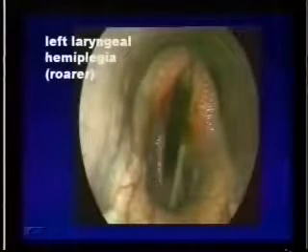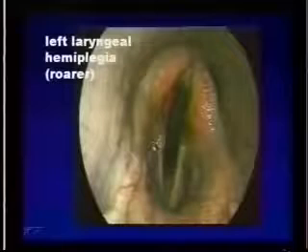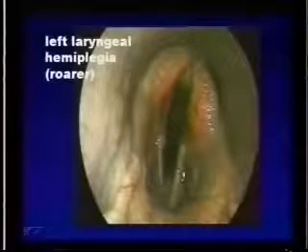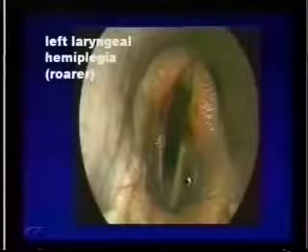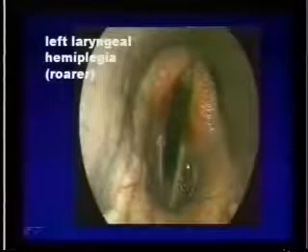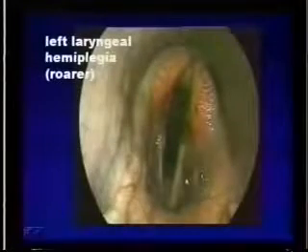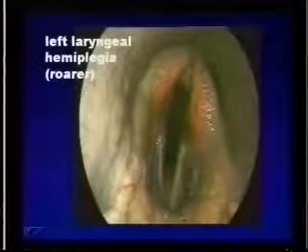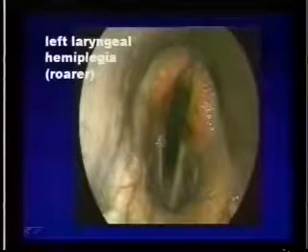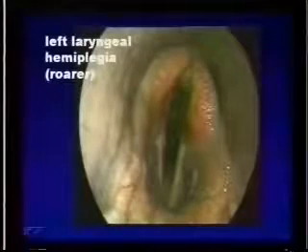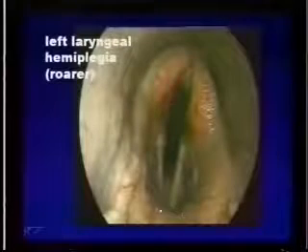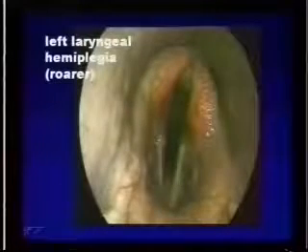This whitish line is the vocal fold, and this is the left vocal fold. This area is the laryngeal ventricle, or saccule as it's sometimes referred to, and this structure out here is the epiglottis, which is largely out of the picture in this particular photograph.